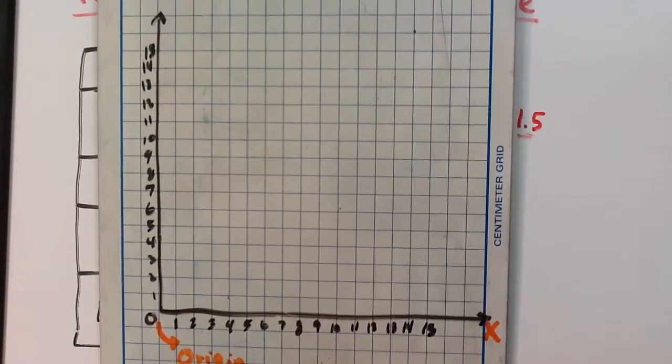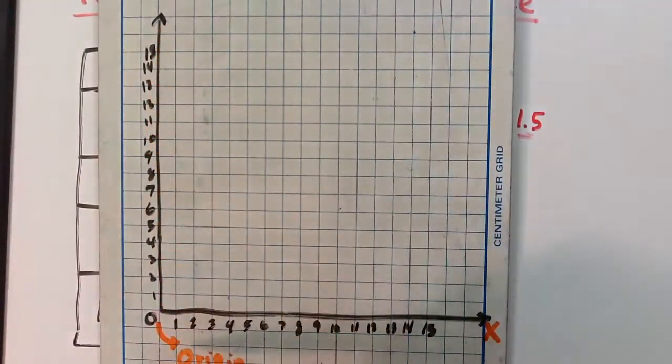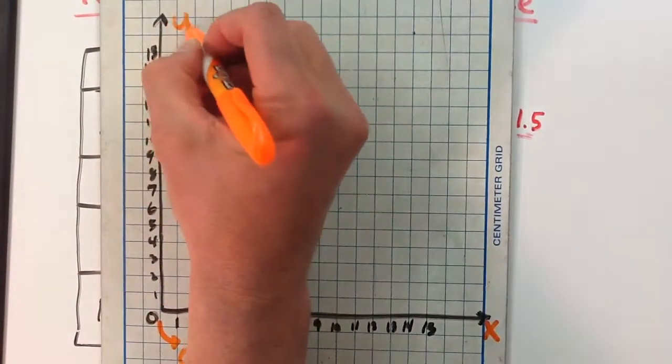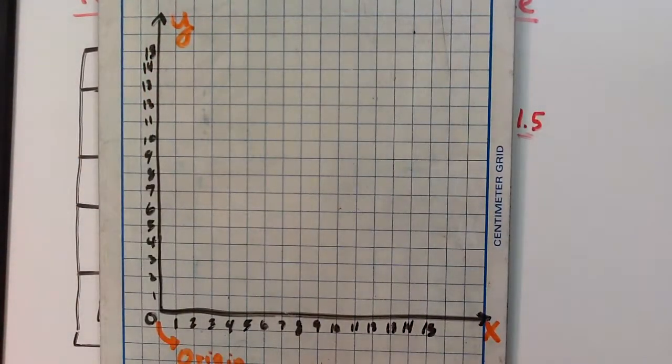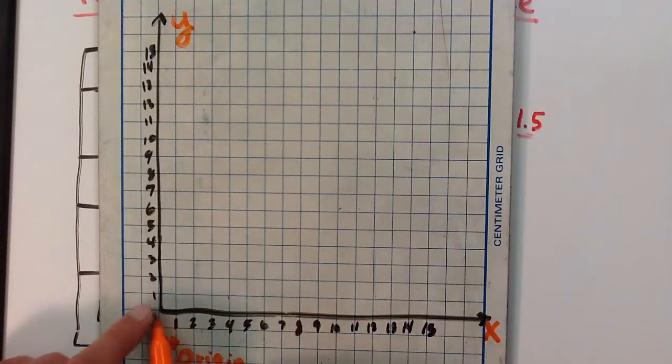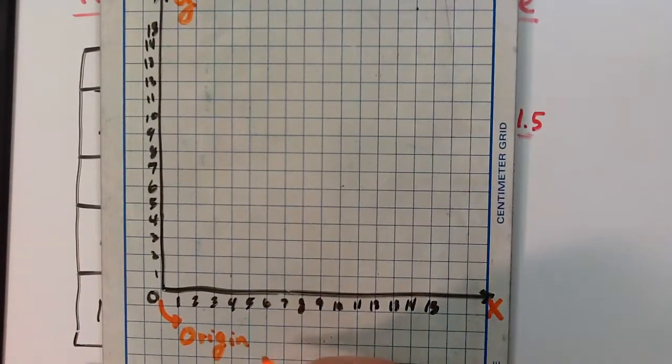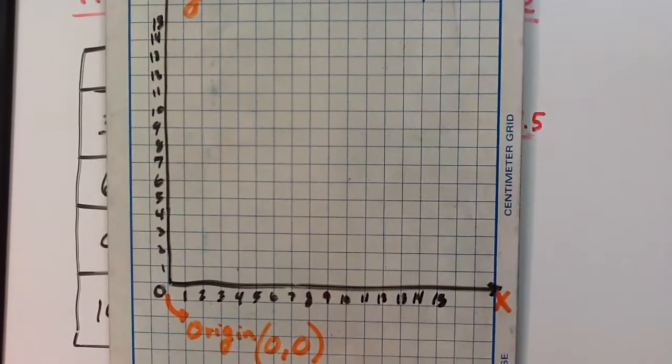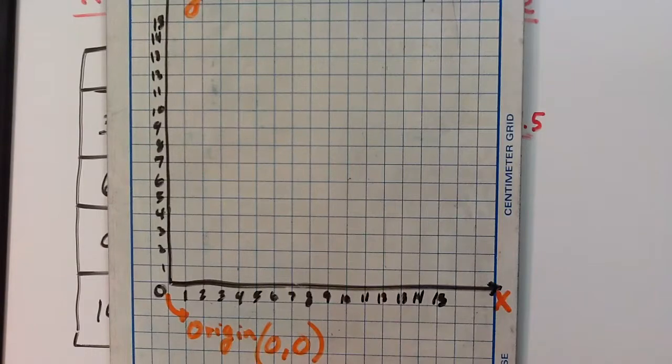The y-axis is the vertical line, the up and down axis. And so where the y and the x-axis intersect, or where they cross, that is the origin. And the origin, we would say, is at the point 0, 0. That's its ordered pair. The x and the y value are both 0 at the origin.